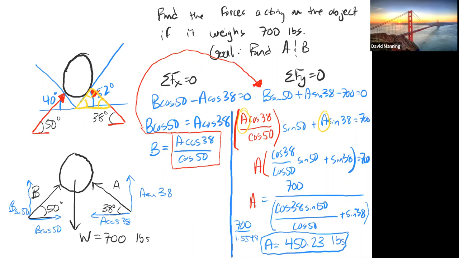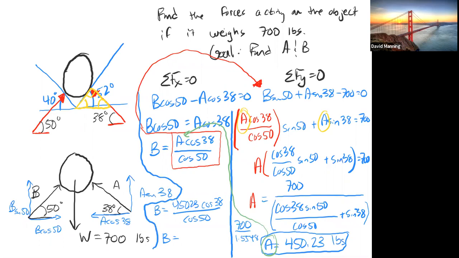So I'm going to take this value for A, and I'm going to substitute it back in for this A. So that's going to give me B equals 450.23 times the cosine of 38 over the cosine of 50. B equals 551.94.